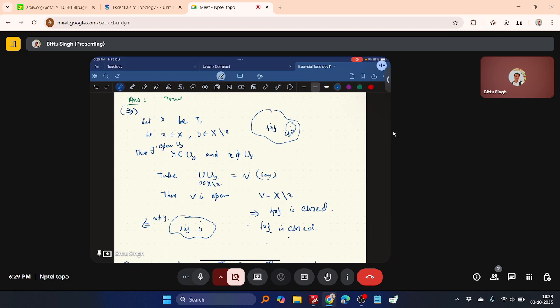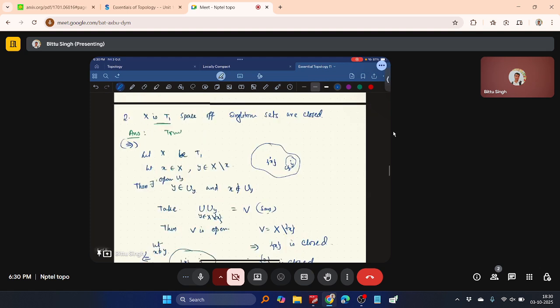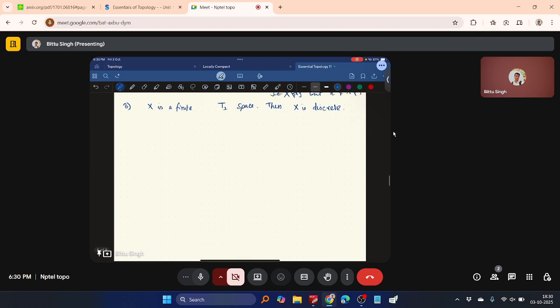Let x not equal to y. Then X minus {x} is open, and y belongs to X minus {x}, but x does not belong to X minus {x}. So the desired property is satisfied. Okay, so a T1 space exists if and only if singleton sets are closed.